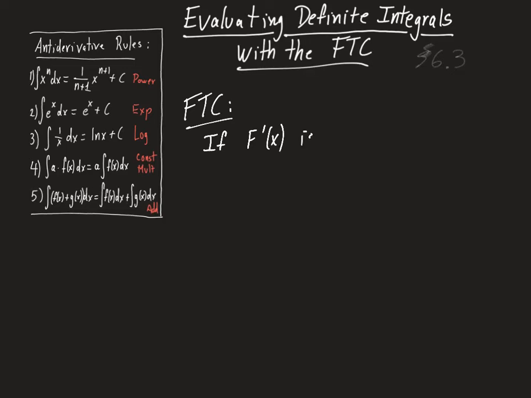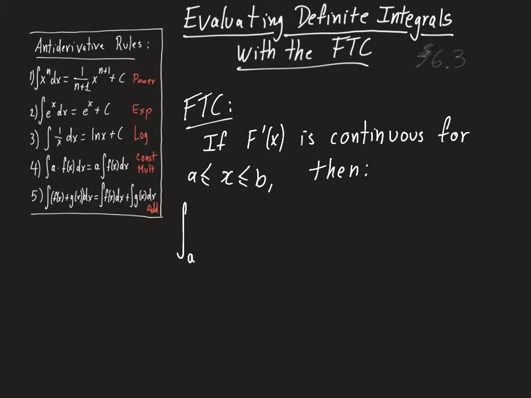f prime of x, is continuous, instead of saying from, I'll say for x values that are between a and b, then it turns out that the definite integral from a to b of f prime of x dx is going to be exactly equal to f of b minus f of a.